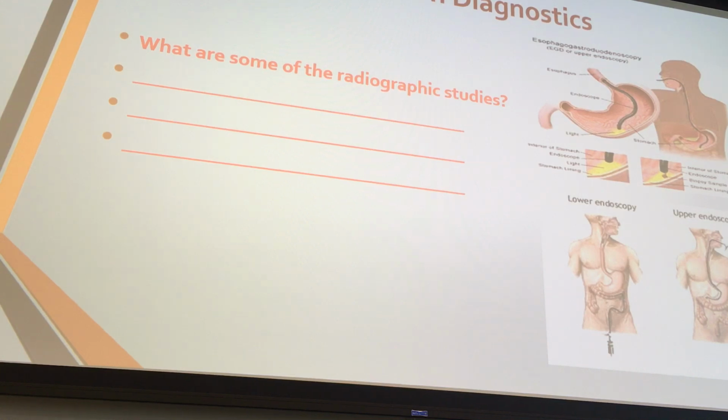Even a lower endoscopy? Yeah. That's still through the mouth? Yeah, that's what they told me at the GI lab. So, even though the machine is going through there, yeah. That's what I was told.